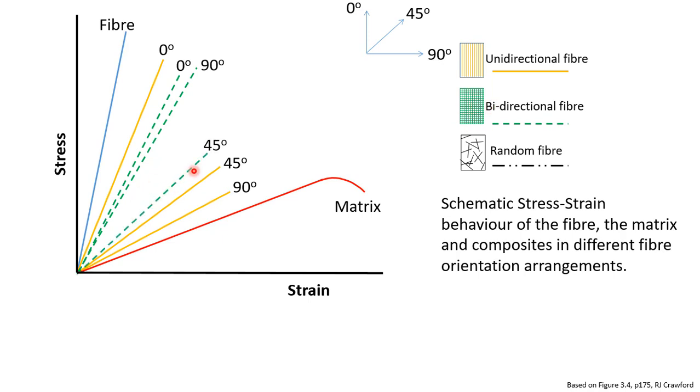For 45 degree, we will have some reduction. If we have a random fiber orientation, so in that case 0 degree, 45 degree and 90 degree orientation of loading will not change much and it will give more or less a very constant value. So this is the schematic diagram or typical understanding of how composites behave.